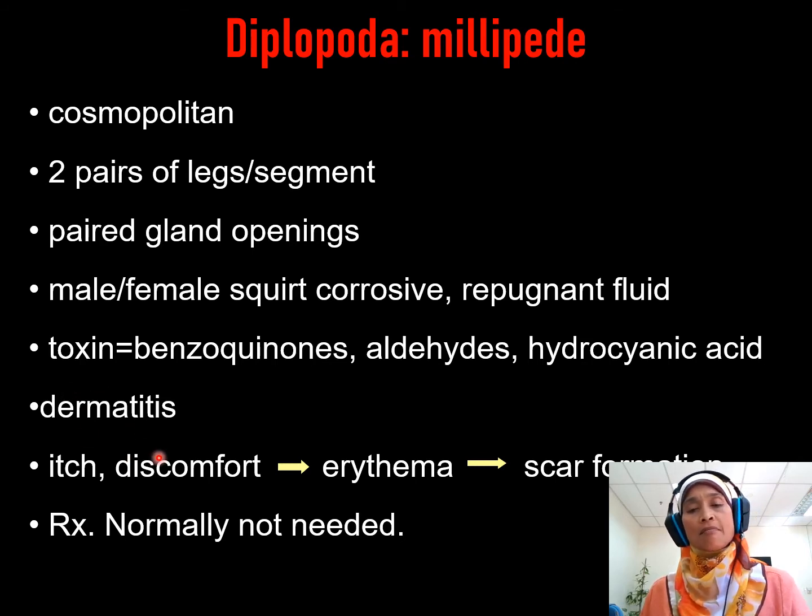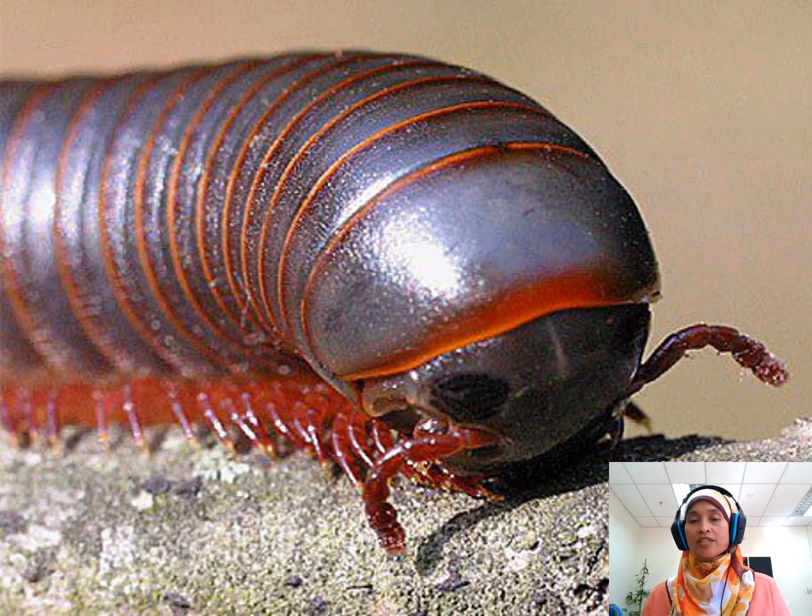So a person may suffer from simple discomfort to erythema, which is the redness of the skin, and if there is a mild reaction to the area, this may lead to scar formation. More often than not, no further treatment is required. This is just a close-up view of the millipede.